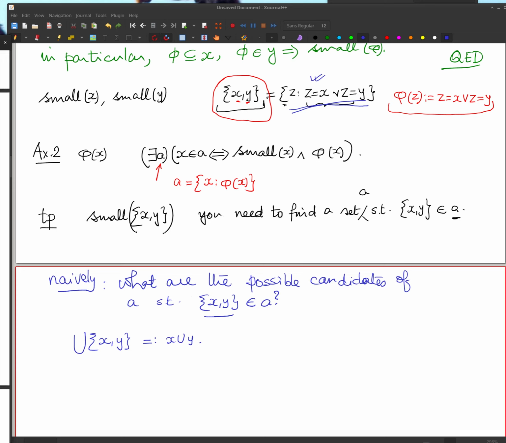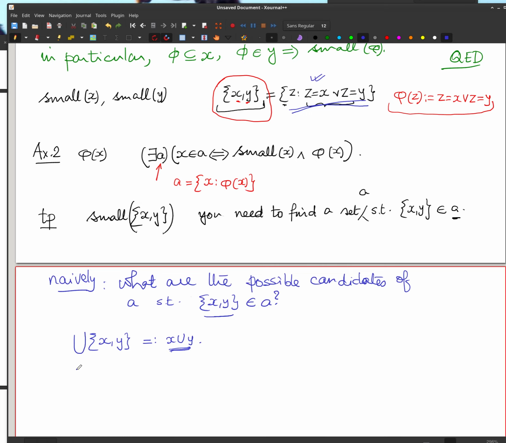I don't know whether this is small or not, but if I look into the axiom of power set, it tells me that for all sets X which are small, there exists a set of its subsets.